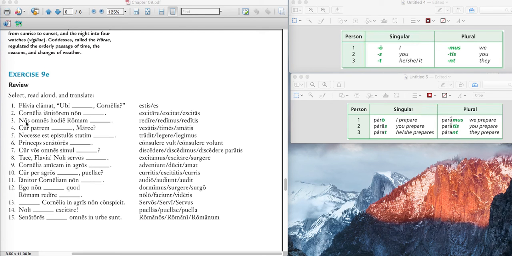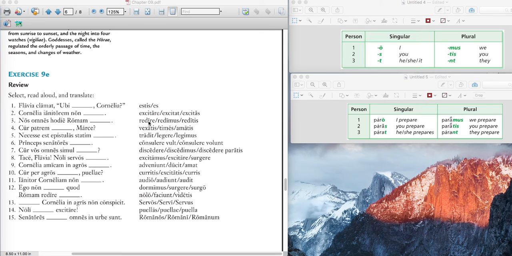Now, nos. Who is this? This is not like not or something like that. Nos, as maybe you recall going through the readings, nos means we. So we all, like all of us, let's say, we all today are returning to Rome. So which one works for we here?